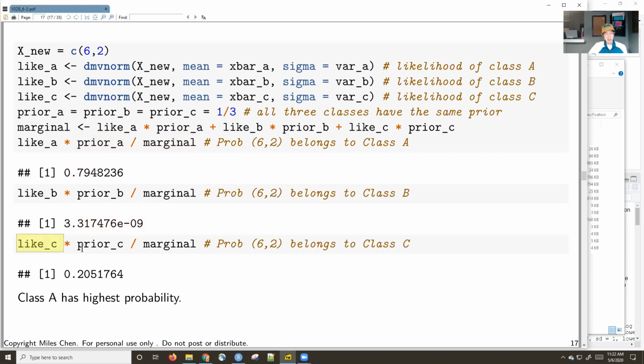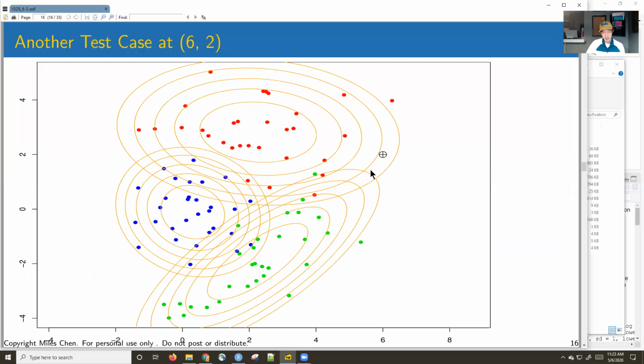And the posterior probability that it belongs to class C, likelihood times prior divided by marginal, is around 20.5%. So we see class A has the highest probability, as my two students who participated noticed, and then class C would be the next most likely.